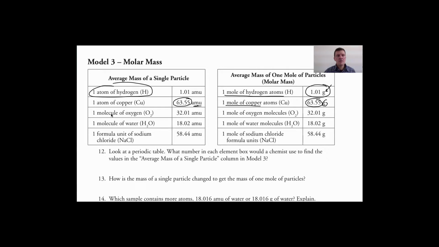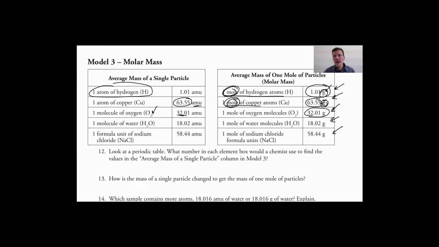Okay? A molecule of oxygen, by the way, see it's O2 here. Remember, oxygen's atomic mass is 16, but it's O2, so twice as heavy, 32 there. So a mole of oxygen molecules, O2, is 32 grams. Over here, all of these numbers are called the molar mass in grams.